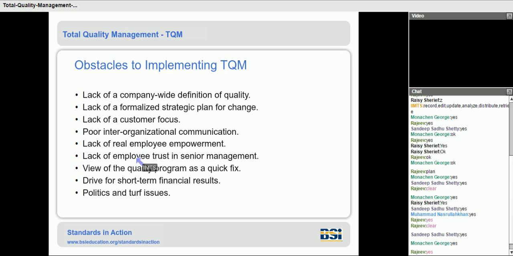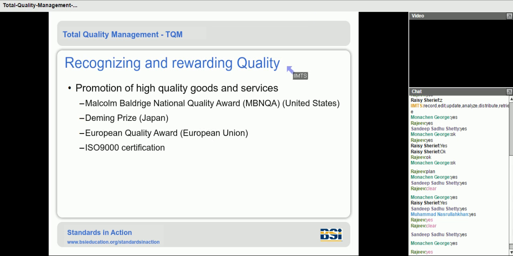You do a PDCA check. That means plan, do, check and act. You make plans, you do something, you keep a check on that and you act. So this is how you monitor the performance. Then recognizing and rewarding quality, promotion of high quality goods and services.